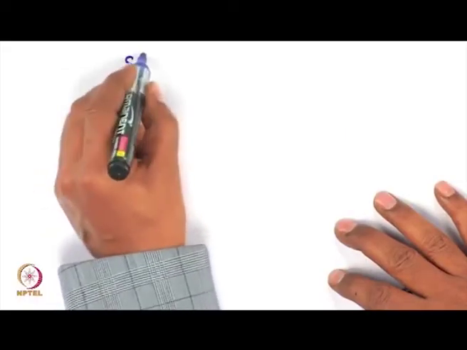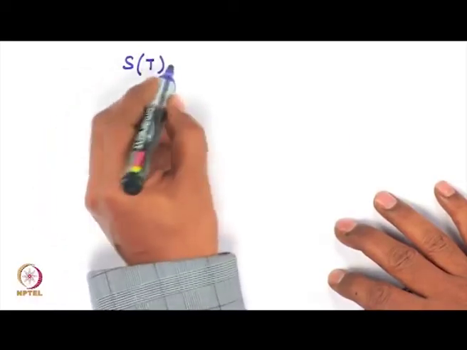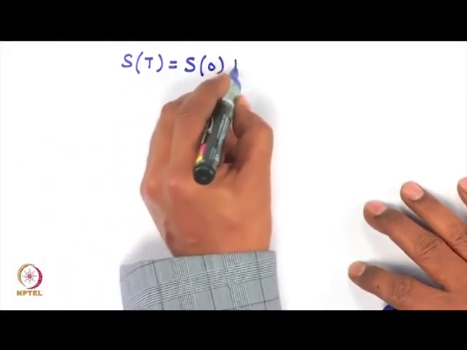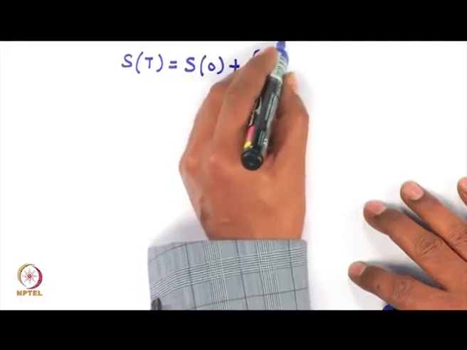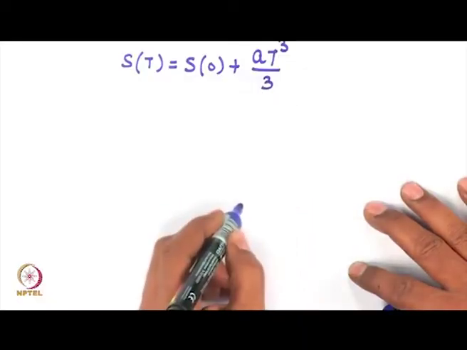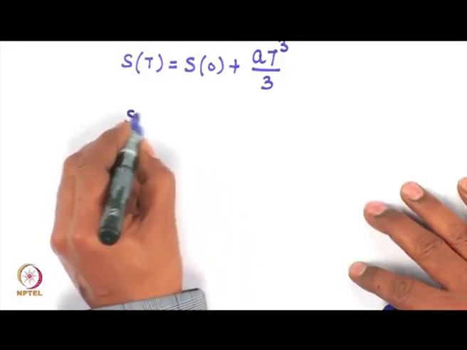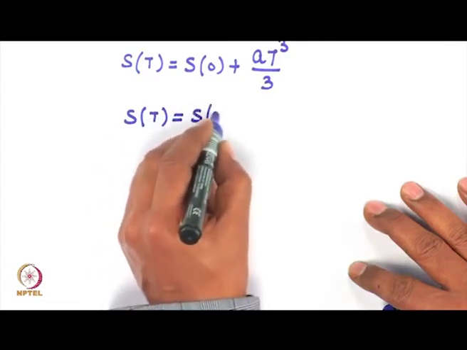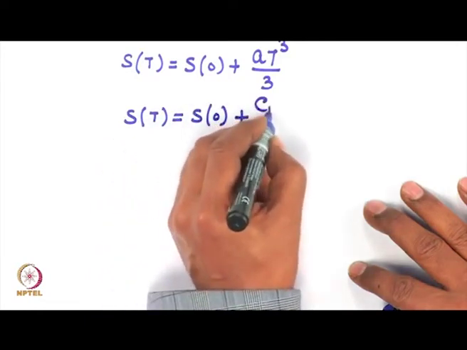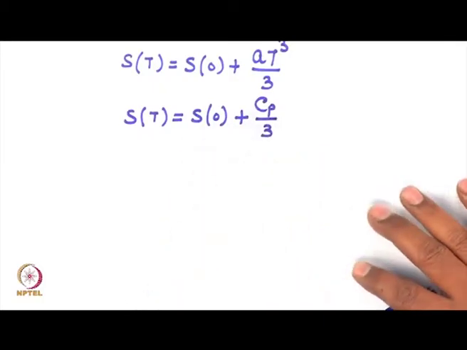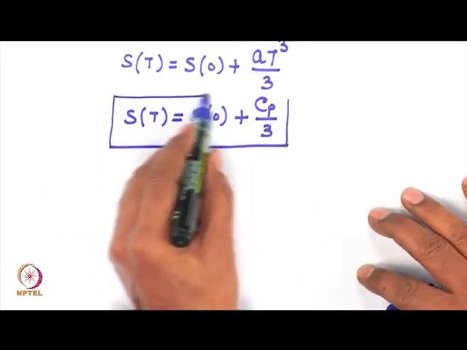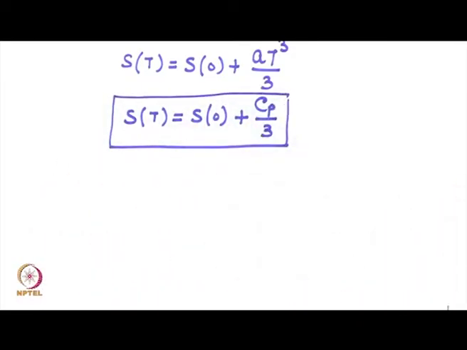I can further write this as S at T is equal to S at 0 plus Cp by 3, because Cp is equal to A T cube, and since Cp is given to me, now I can calculate.